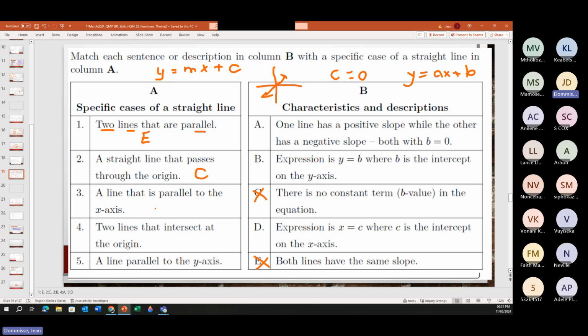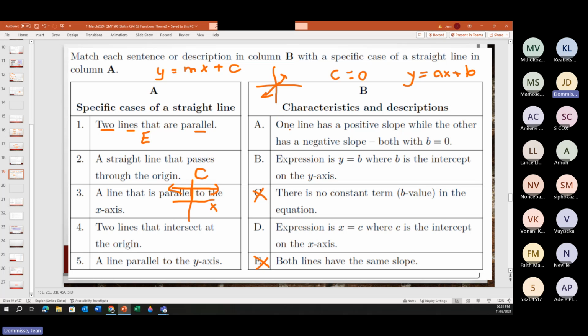A line that is parallel to the x-axis. So let's look at that. So that's the x-axis, and a line that is parallel to that. Okay, so let's look at the options that are left.